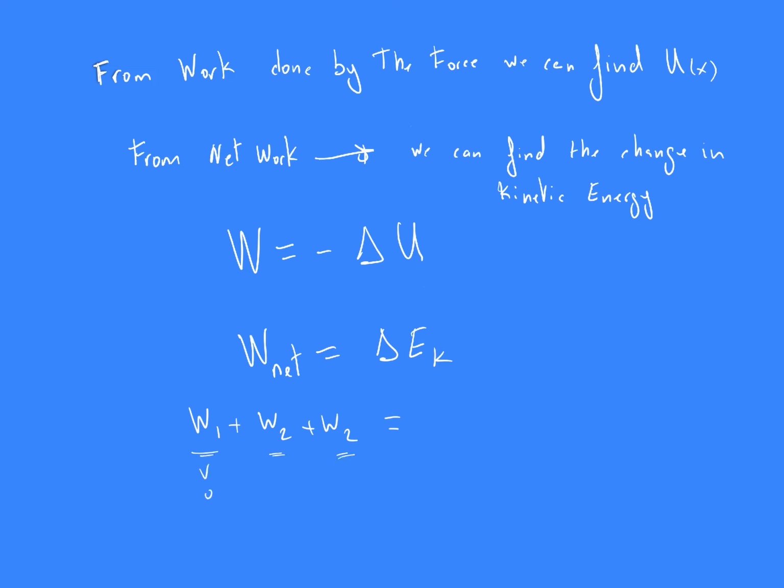Maybe this is positive, maybe this is positive, maybe this is negative. The total work, the sum, a number, is the change in the kinetic energy. Let's put it K. So here we put K. Okay, so this is what we will see and what we will study.